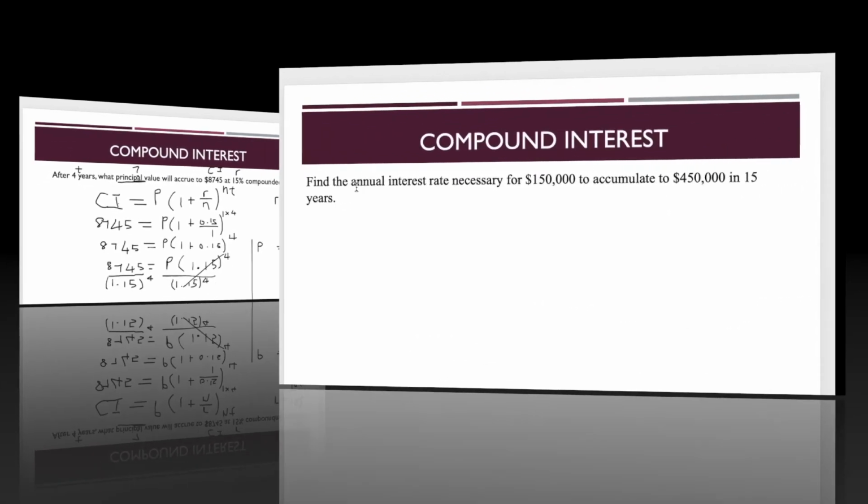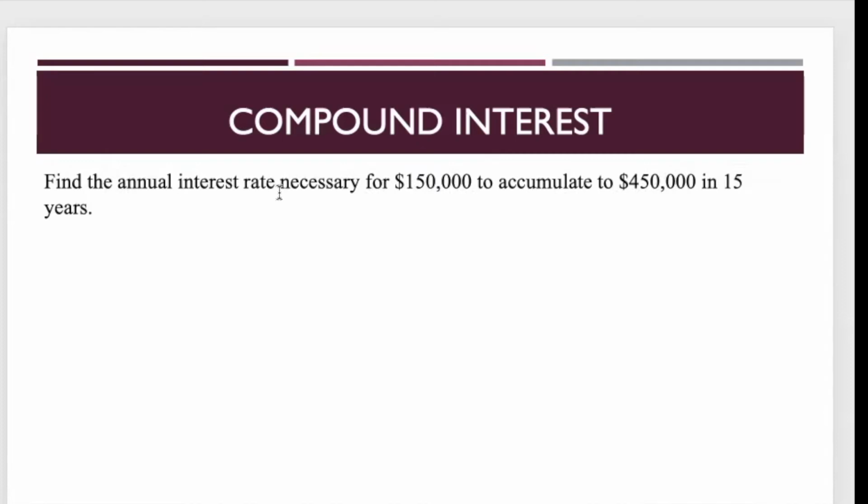So the next question is, find the annual interest rate necessary for $150,000 to accumulate to $450,000 in 15 years. So once again, I am going to write the formula.